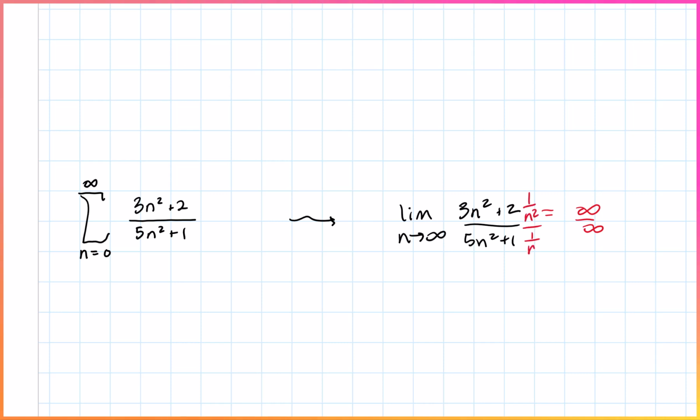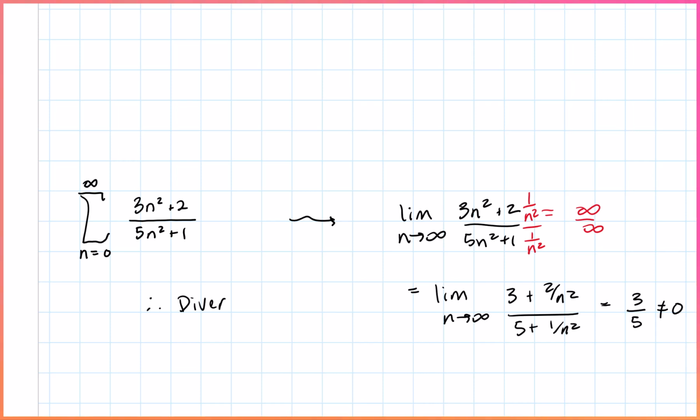We could look at the ratio of the lead coefficients, since that's also a rational function. But if we do it this way, this will be a quick and easy way to show that the limit here is 3 plus 2 over n squared and 5 plus 1 over n squared. When I distribute the 1 over n squared to the top and bottom, this becomes 3/5, which is clearly not 0. Therefore, this is divergent by the divergence test.